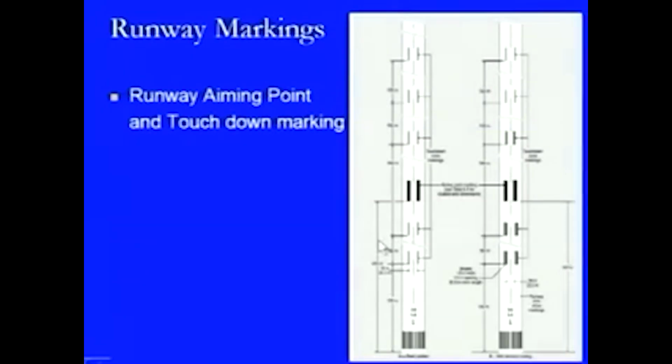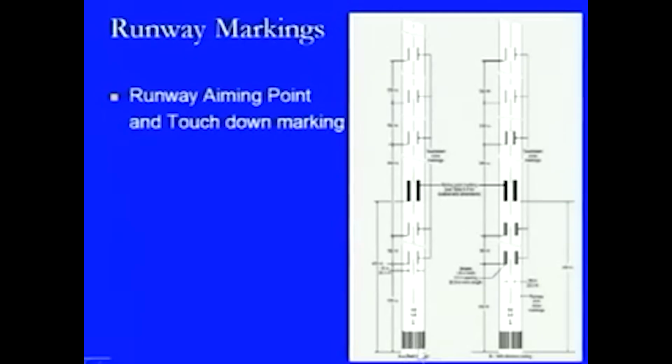Now, there is another diagram which is being shown here. This again tries to show the different types of markings which can be there. Here we are showing the threshold markings at the bottom, which are like zebra crossing markings. This defines the threshold of the runway strip away from the end of the runway strip.